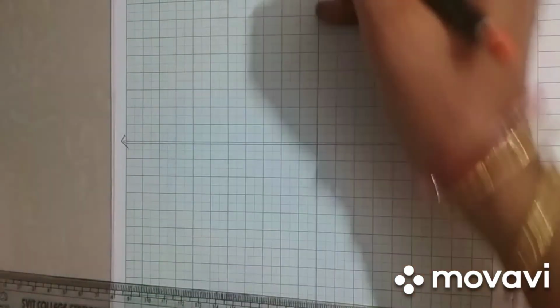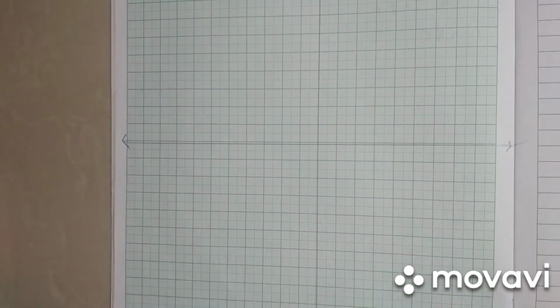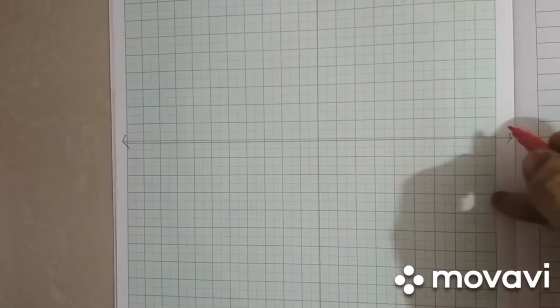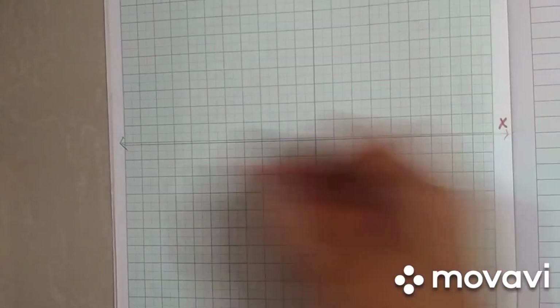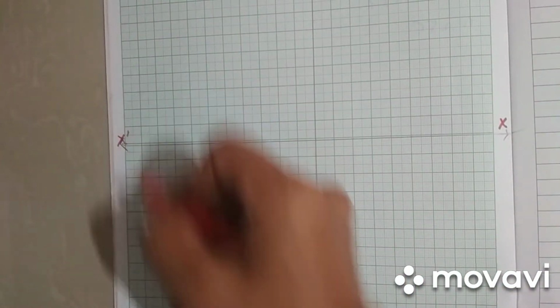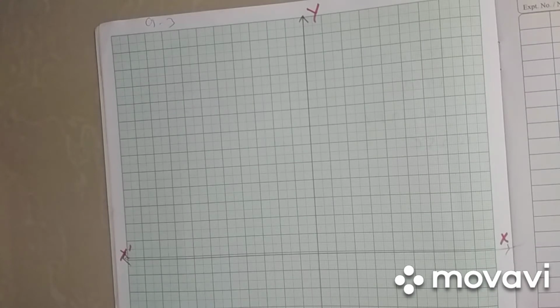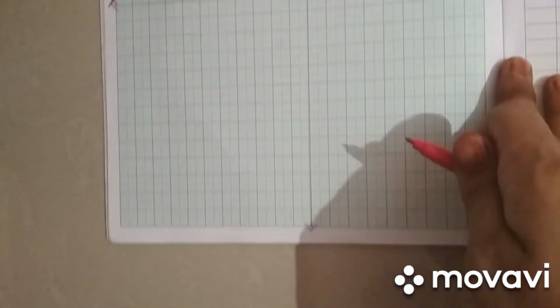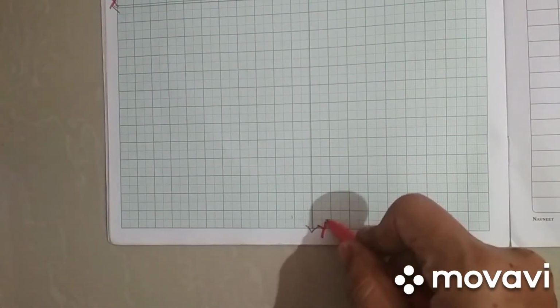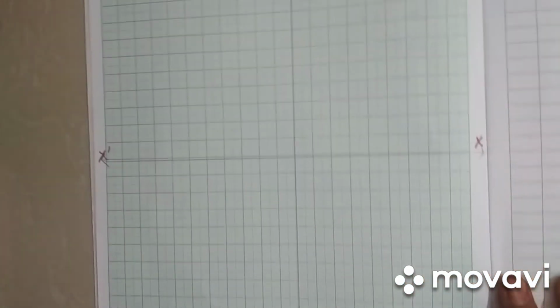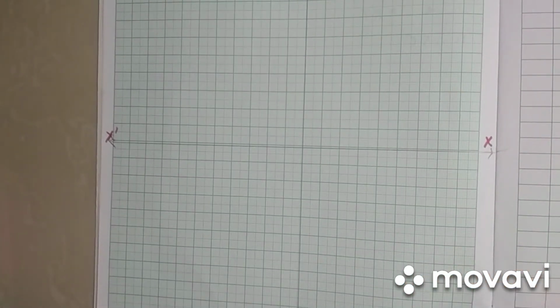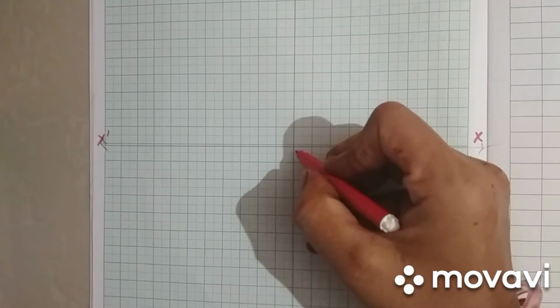Now, draw an arrow on all four corners and name them X, X dash, Y and Y dash. The intersecting point of both the lines is named the origin.